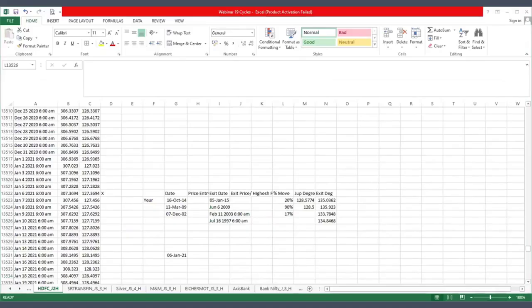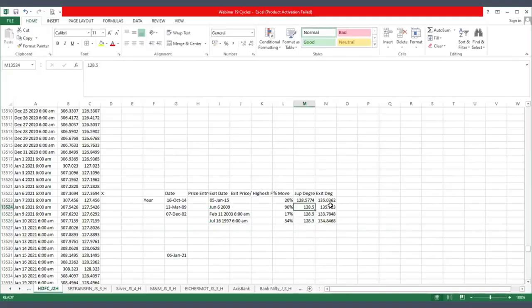This one ran for 54%. Okay, so each time I have been taking 128.5. You can match those degrees once you get that Excel.